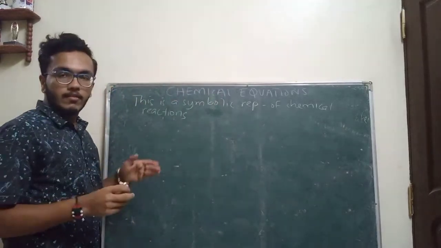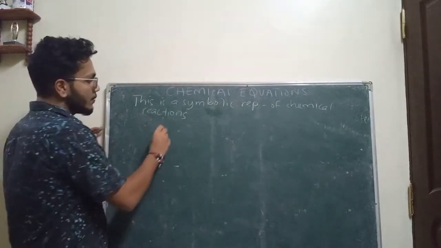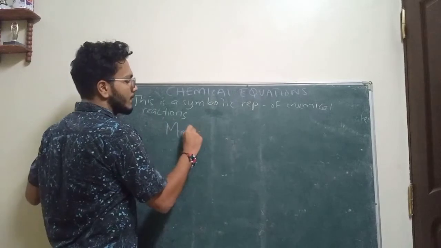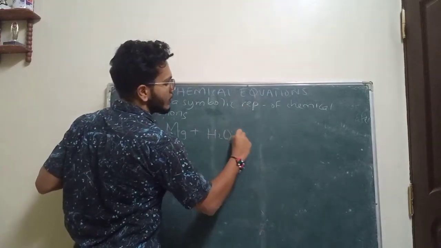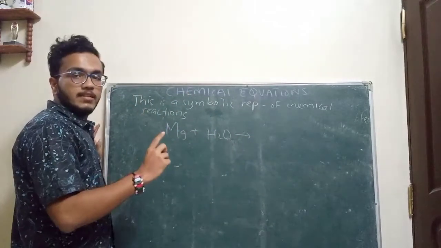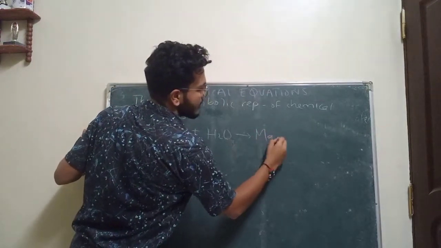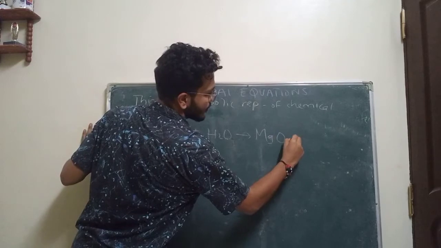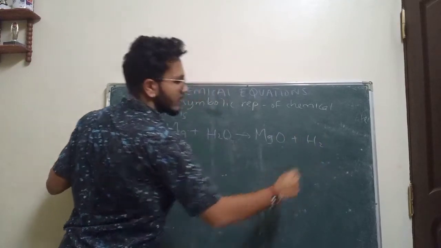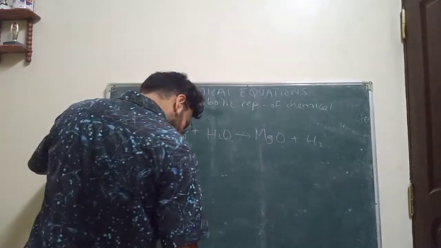Now I won't be writing the words, I'll just be writing the direct formula. Magnesium Mg plus steam H2O. Metal plus steam is metal oxide plus hydrogen gas. So metal oxide, the metal is Mg, so MgO plus hydrogen gas.